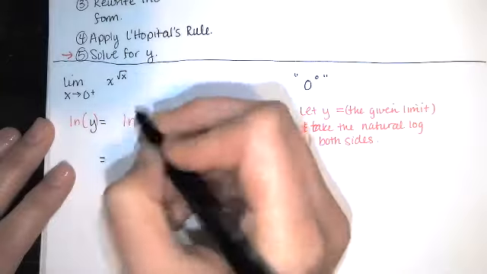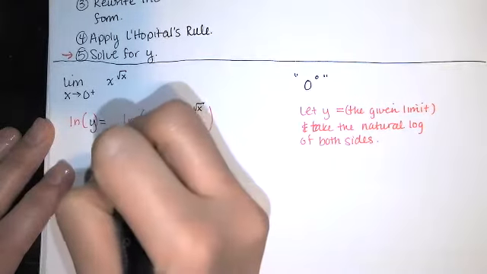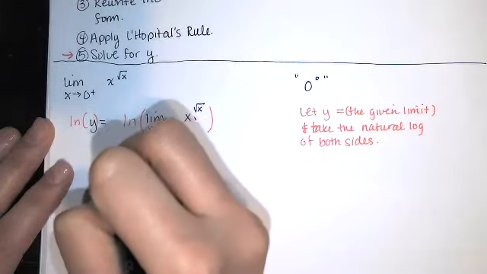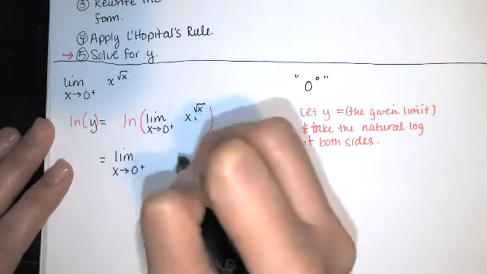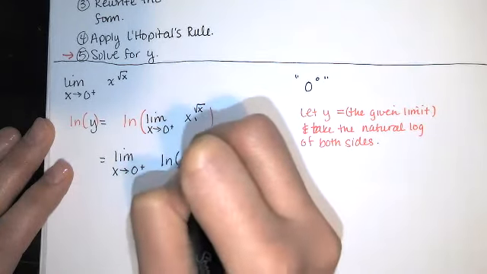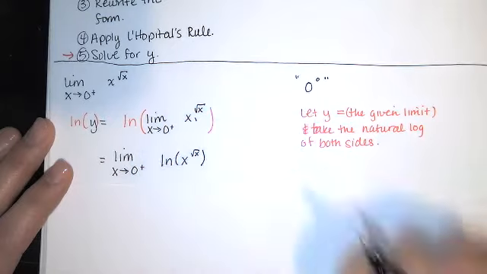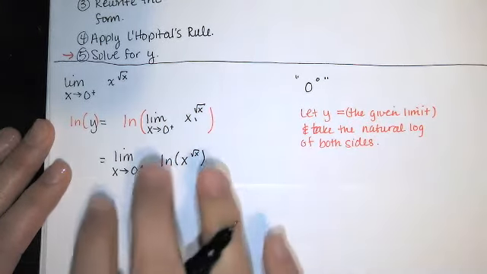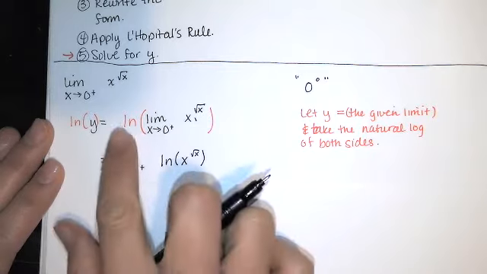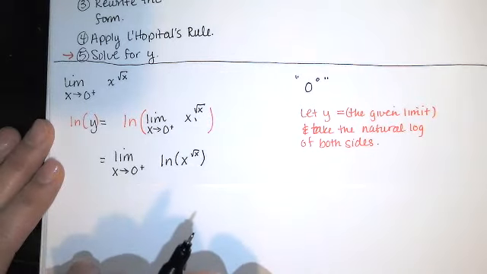So the natural log of this limit is equal to the limit of this natural log. That's legal because this function on the outside is continuous.